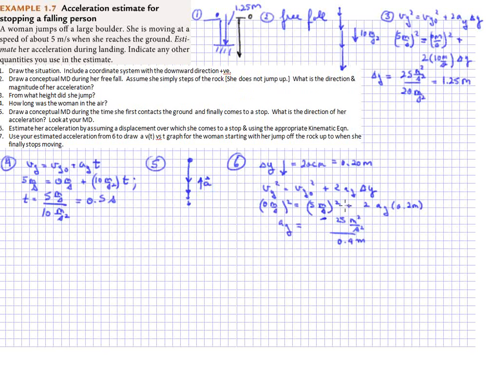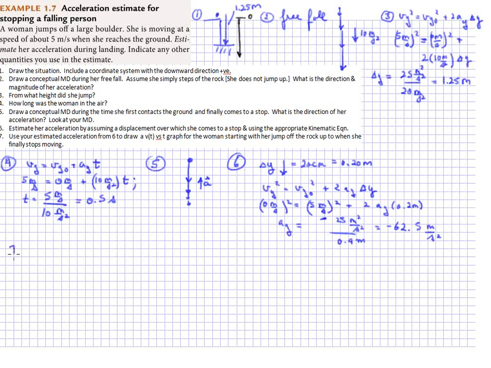Okay, so 25 divided by 0.4, that's negative 62.5 meters per second squared. Again, check units, and I do indeed get the correct units here.